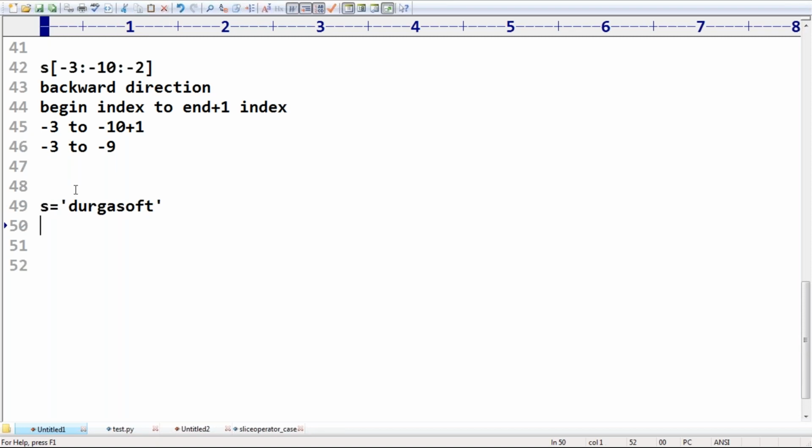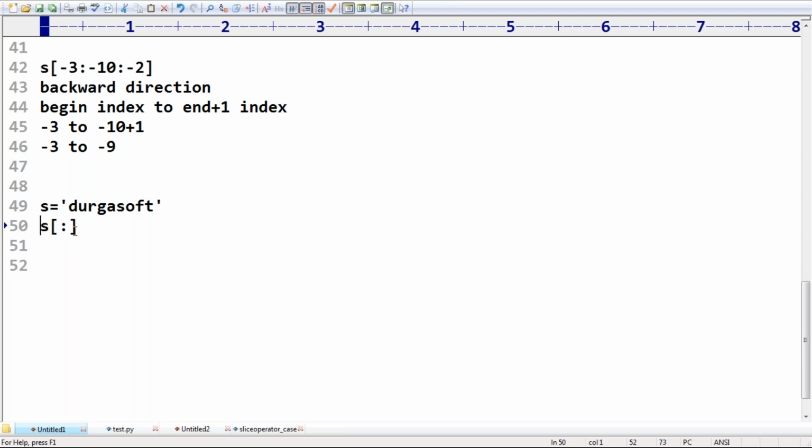By using the slice operator, very simple. Colon. I didn't specify begin and end. If you are not specifying begin and end, then you require to consider the total string, in forward direction or backward direction.